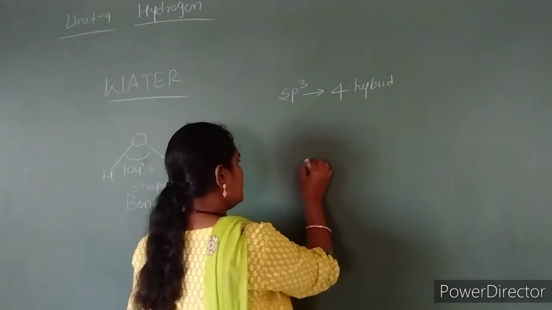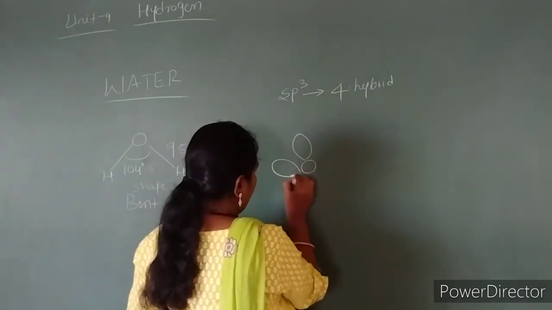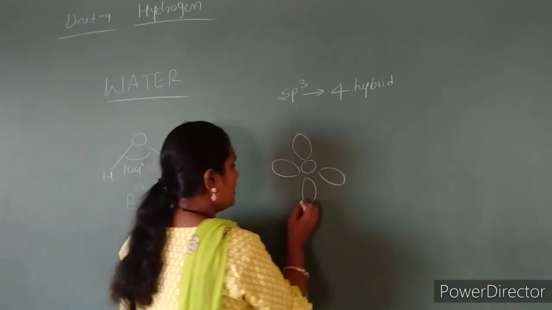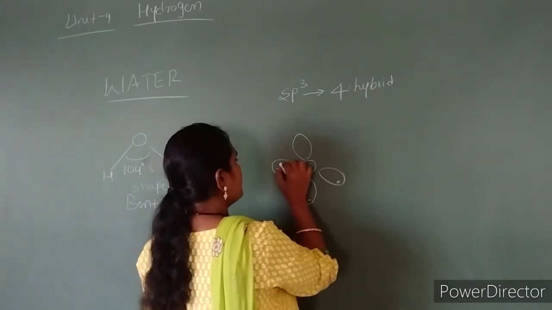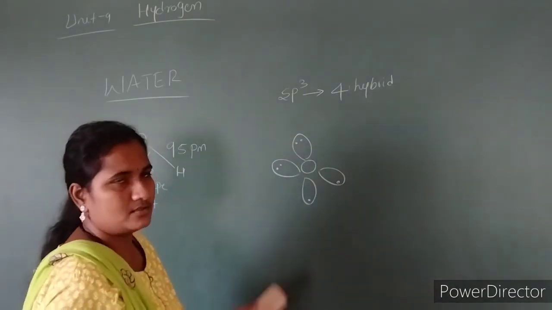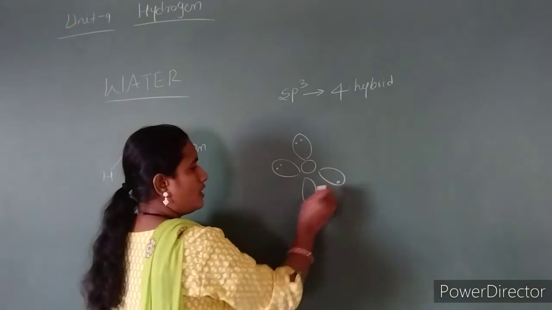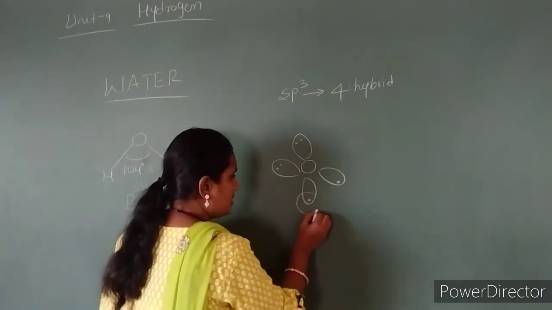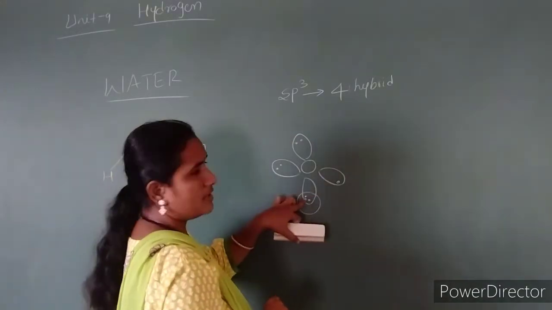So the oxygen is initially surrounded by the 4 identical hybrid orbitals. Out of 4, 2 have 1 electron each, and the remaining 2 hybrid orbitals have lone pairs of electrons, that is, paired electrons. Two of the hybrid orbitals of oxygen overlap with the s orbital of hydrogen, which contains 1 electron.